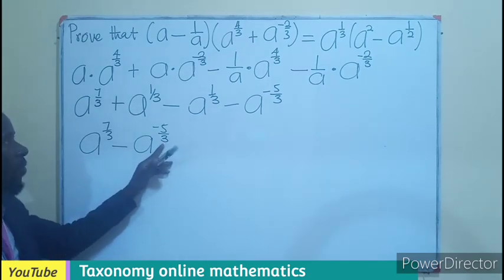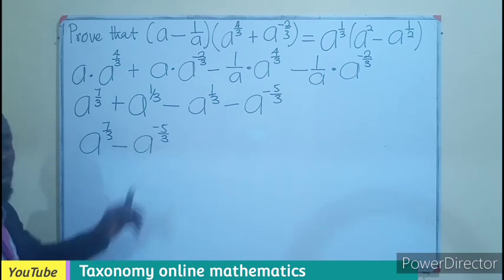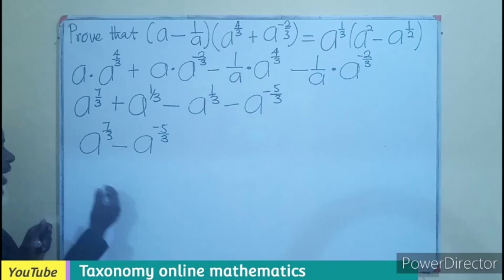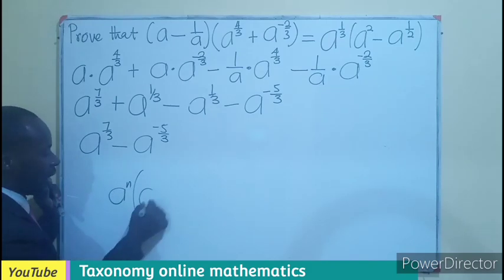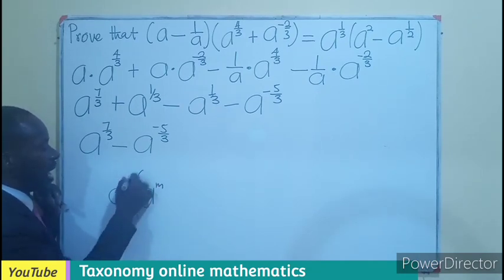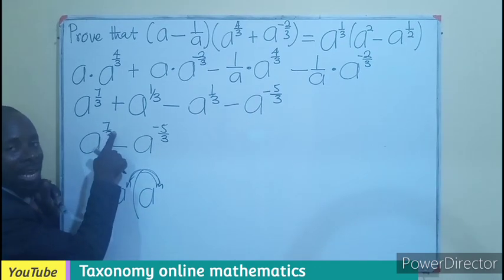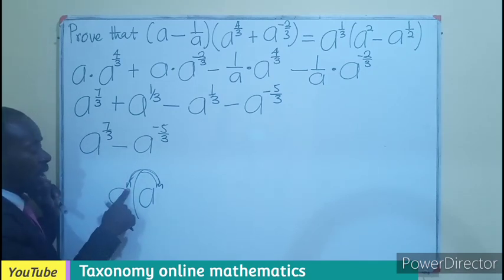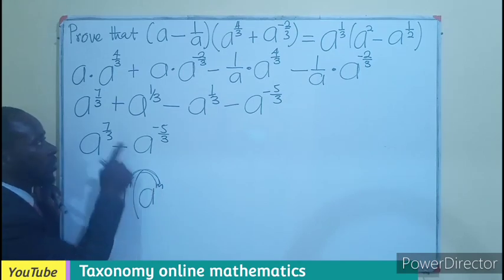But we can see the base is the same. So if we are going to factorize, it will be a exponent something into bracket a exponent another term. When we multiply, we'll be adding these two exponents so that it will give us the same one, 7 over 3. So whatever is outside must multiply whatever is inside, but the powers have to add to give me this.